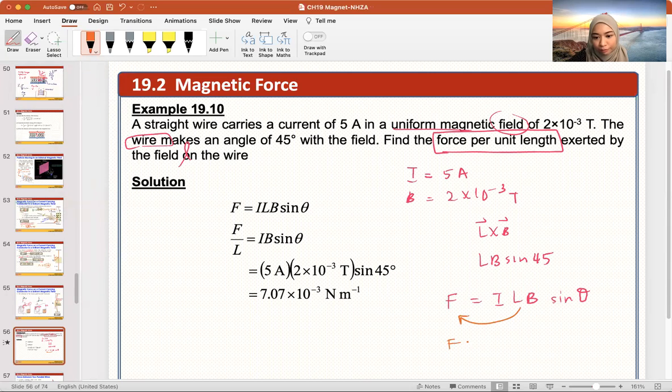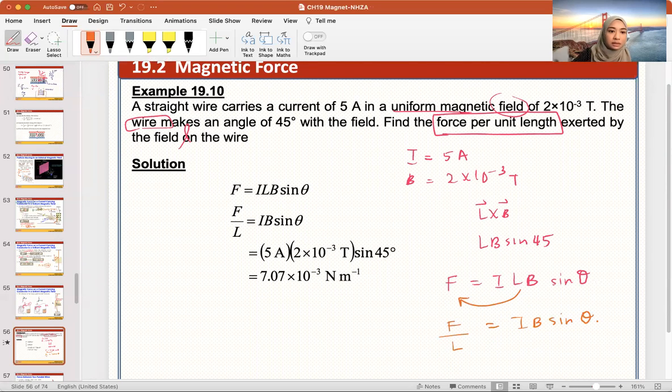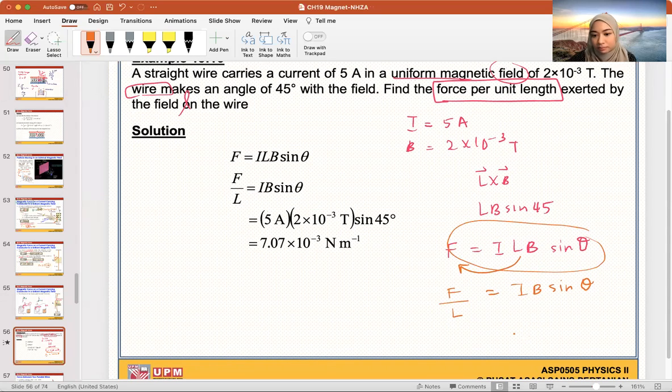So I will get force over length, or force per unit length, equals to IB sine theta. Can the theta still be 45 degrees? Yes, because we started with this equation. Sine theta is sine 45. I'm just rearranging it to give me F over L. So yes, the angle does not change, basically.